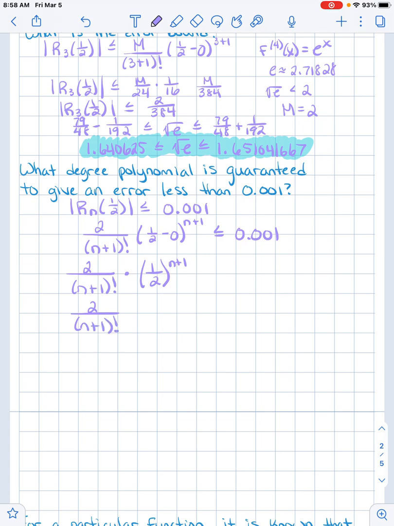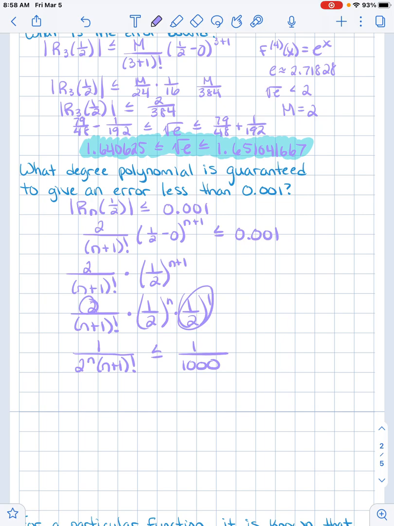I can break that up into 1/2 to the n times 1/2 to the first because of the exponent rule. And I know now that this 2 times this 1/2 will just be 1. So really what I'm looking for then is 1 over 2 to the n times n plus 1 factorial. I want this to be less than or equal to 0.001, or 1 over 1,000.